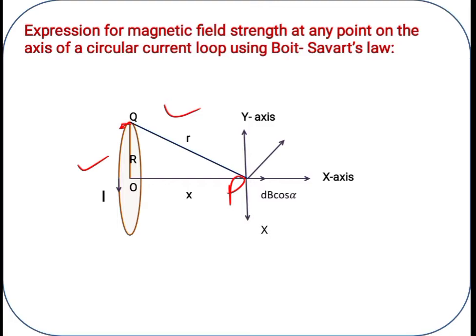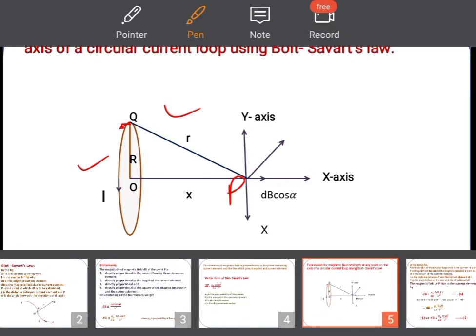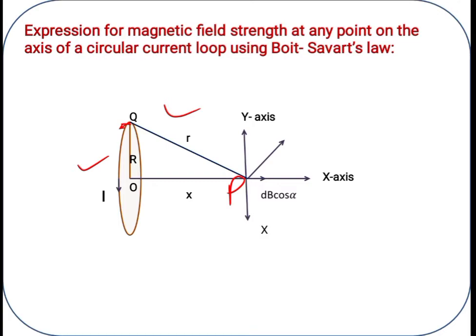Now we know the resolution of vectors, which we studied in the previous year, as well as in the previous cases. If we join OP and OQ, and PQ, then POQ is a right angle triangle.